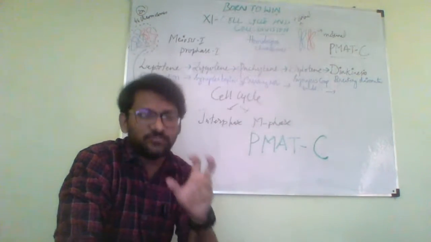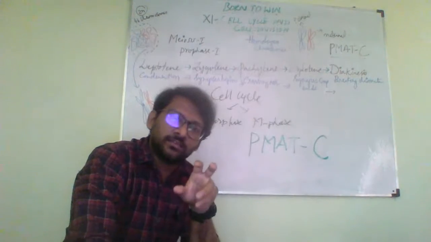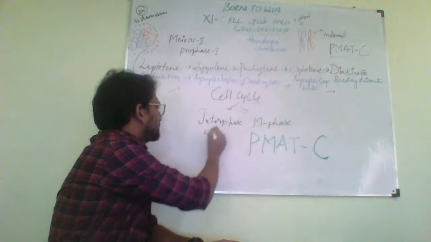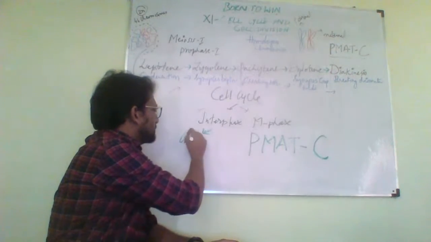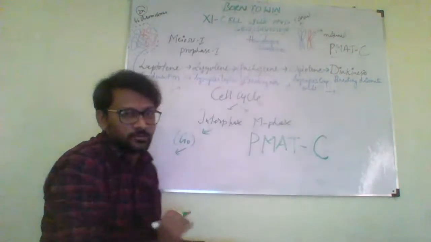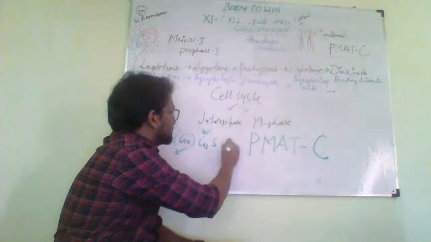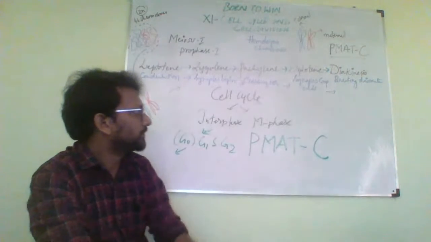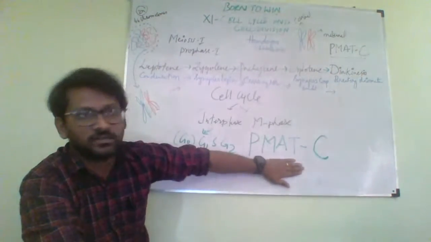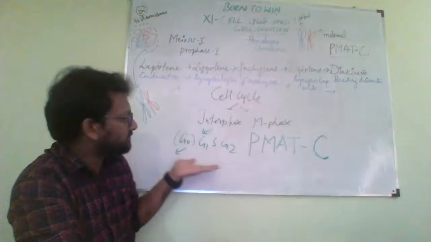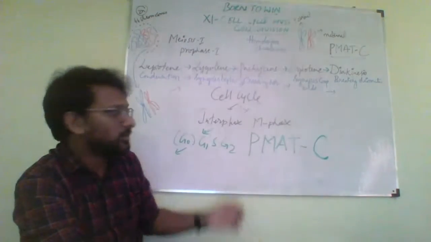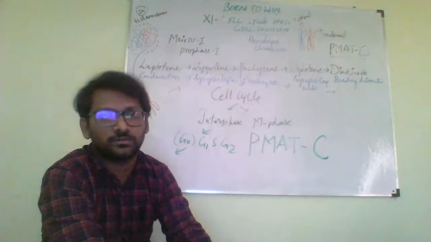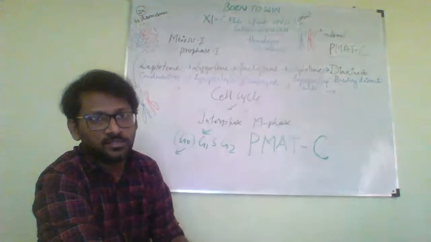Most of the significant time is spent in interphase. Interphase has phases like G0, I'll explain what it is, then G1, S, G2, and then you have the M phase. The M phase occurs very quickly, but interphase takes a lot of time. Why? Because significant roles are there within each of these phases.